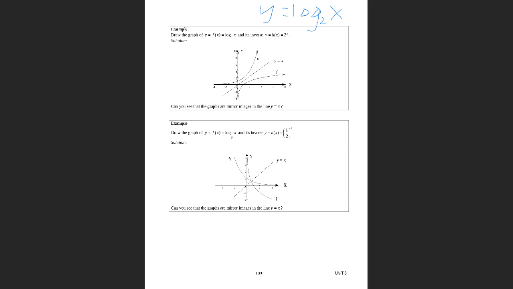In that case we can easily convert this to an exponent where we get 2 exponent y equals x. And we know that for an inverse, x and y are always interchanged. So we can simply say that y is equal to 2 exponent x.